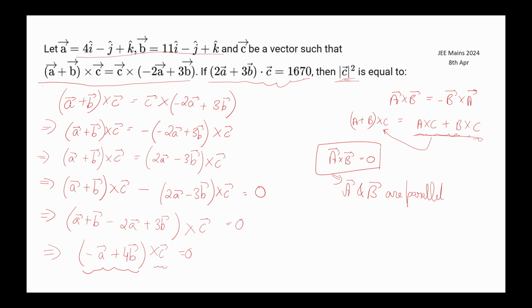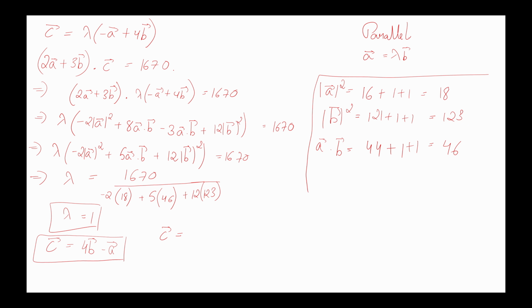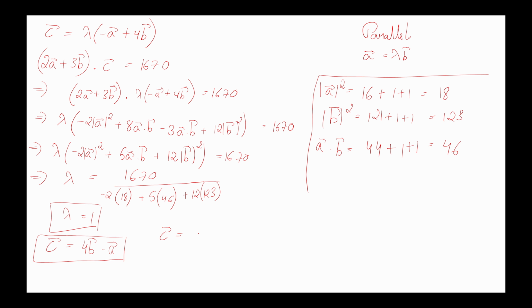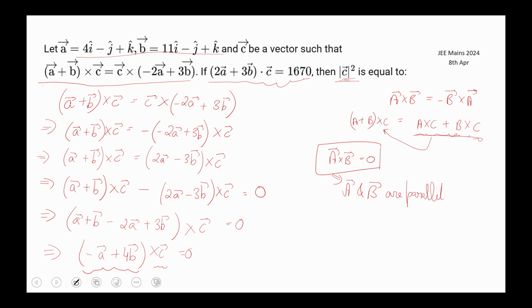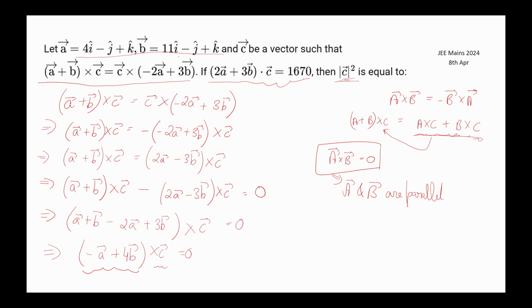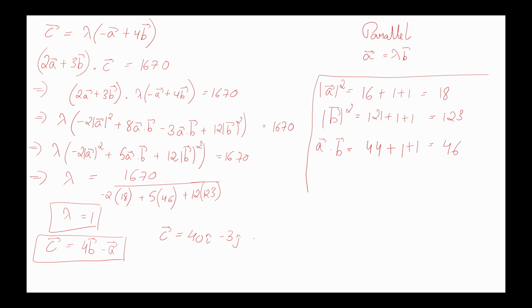Let us do the caps one by one. 4B minus A. Sorry, this is 4B minus A. So 44 minus 4 makes it 40 I cap. For this one we have minus 4 plus 1. So this makes it minus 3 J cap. And here we would have 4 minus 1, which makes it plus 3 K cap. So this is our C vector basically.